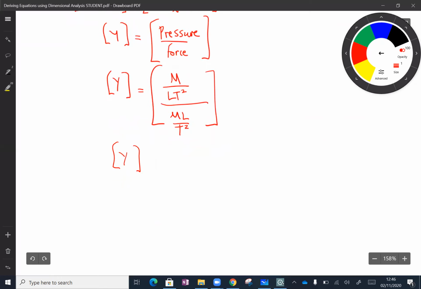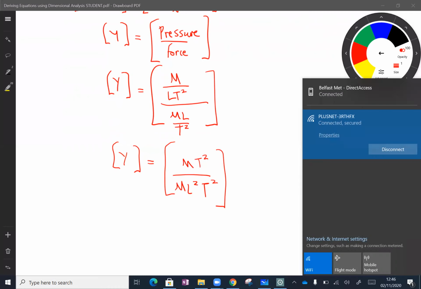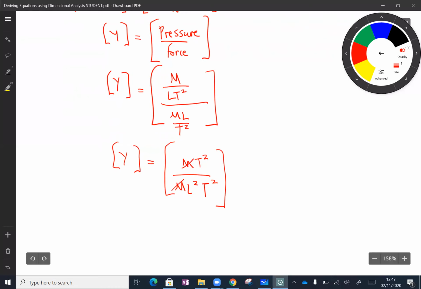Bringing this up, we've got MT squared on the top and ML squared T squared on the bottom. The M's cancel, the T squared cancel, and we've got the dimensions of Y to be 1 over L squared.